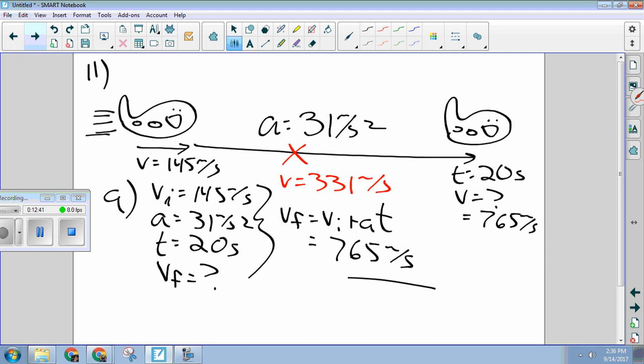And I want to know how long it takes to get there. So we're talking about a time interval. Where does the time interval start? Where does it end? It starts at 145, and then it goes to there, right? So that's the time I'm looking for.